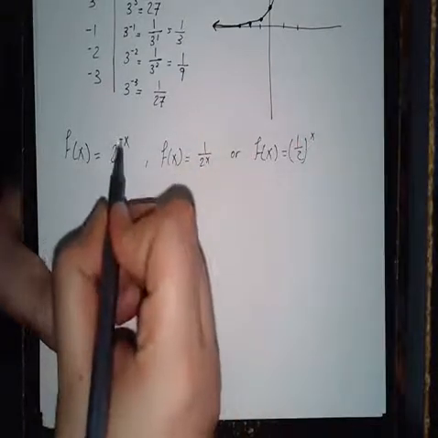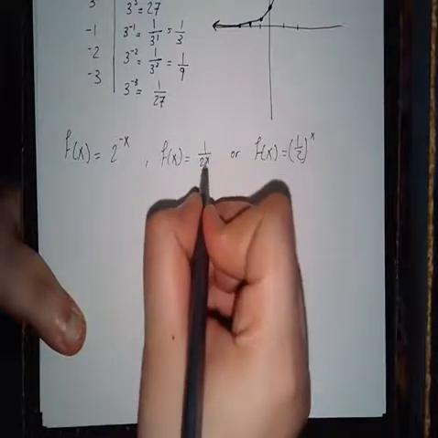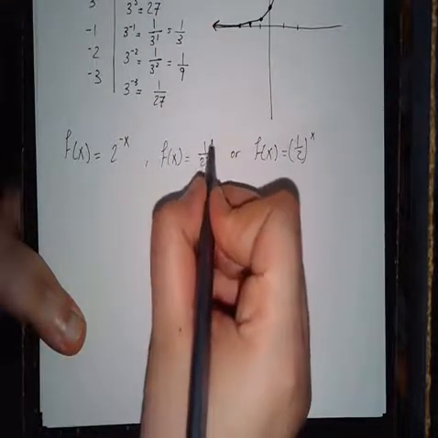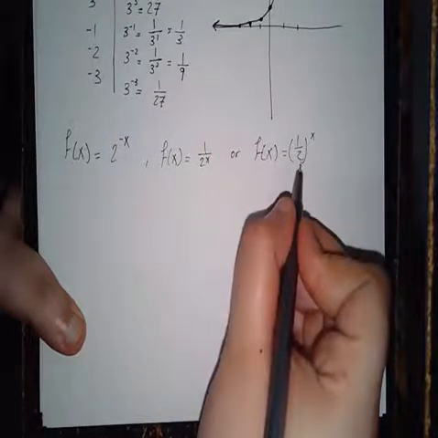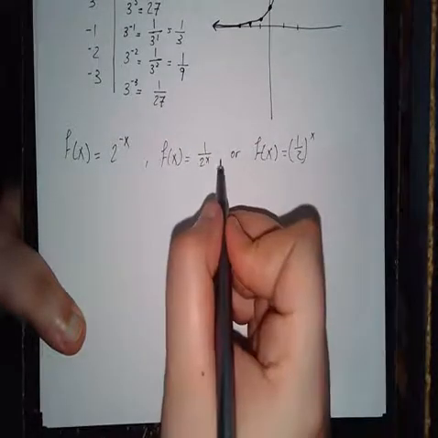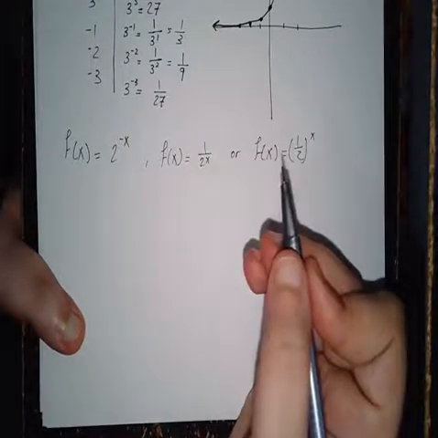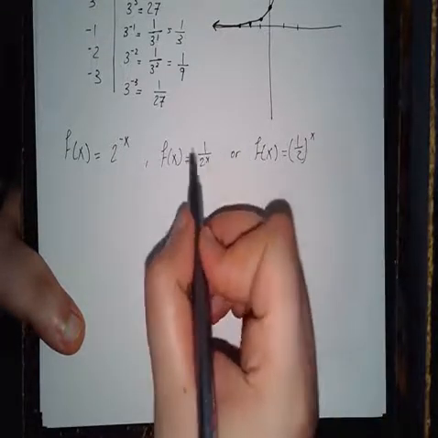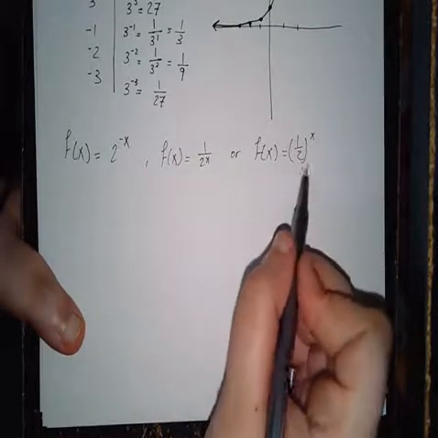So the fact that the power is negative basically means that it's going to be 1 to the power of x over 2 to the power of x. Like this. It's just that whenever you multiply 1 by 1 x times, the answer is always still 1. So we don't write it because it doesn't matter. Make sense? That's how that comes in.